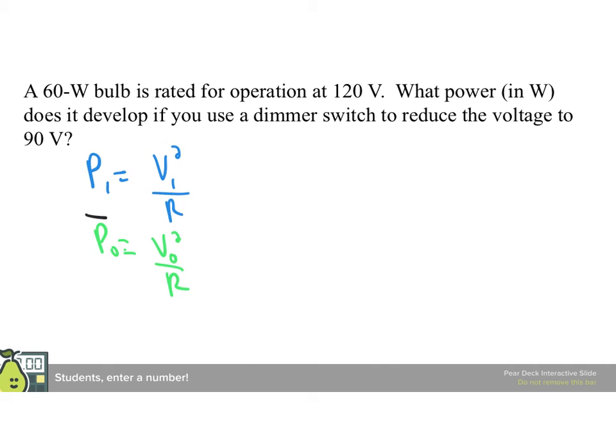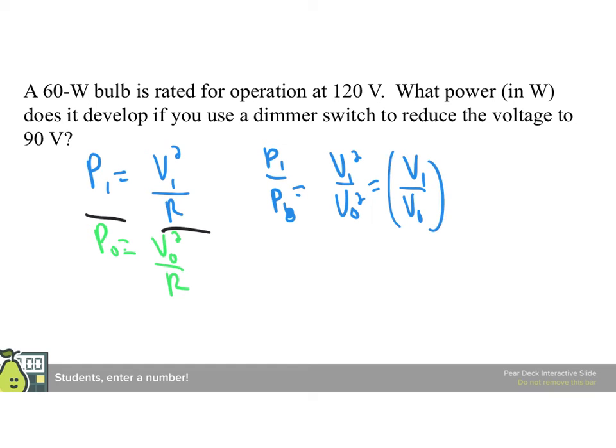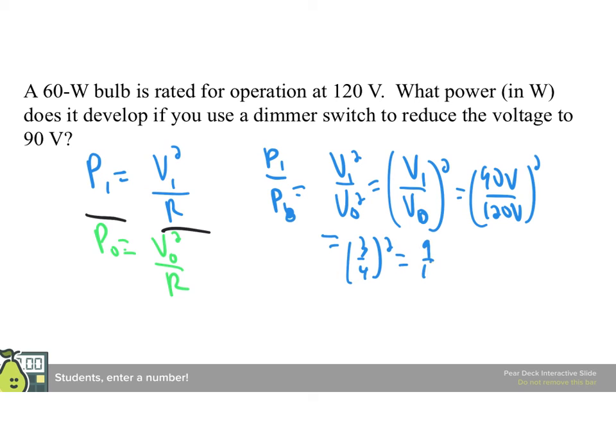So we might want to just take their ratio, and we find that P1 over P naught, well, the 1 over R's would cancel, and we get V1 squared over V naught squared, which is V1 over V naught quantity squared, which is 90 volts over 120 volts squared, which is 3/4 squared, which is 9/16.